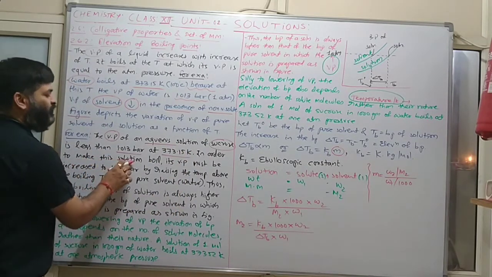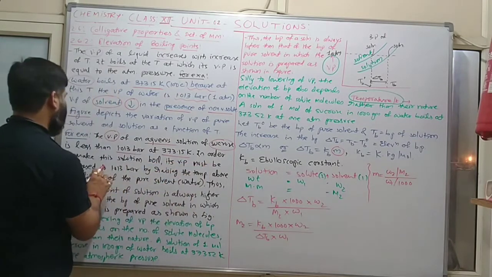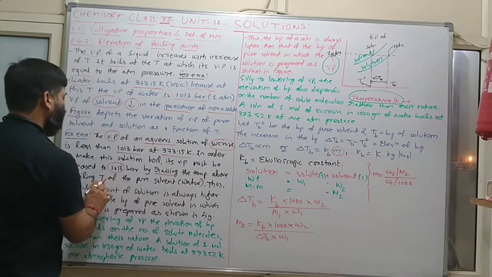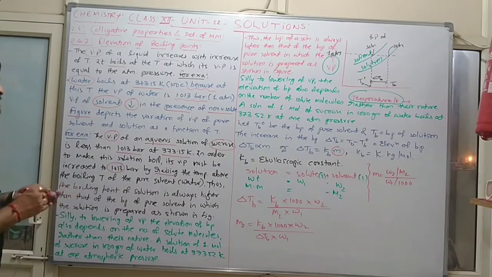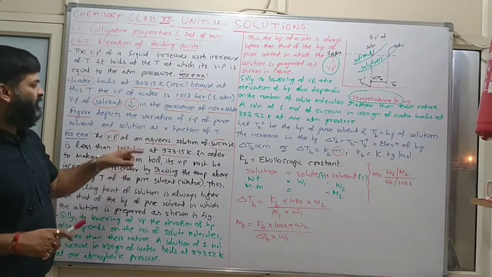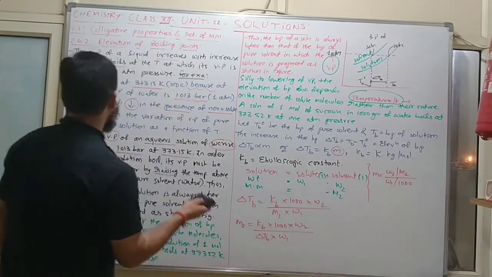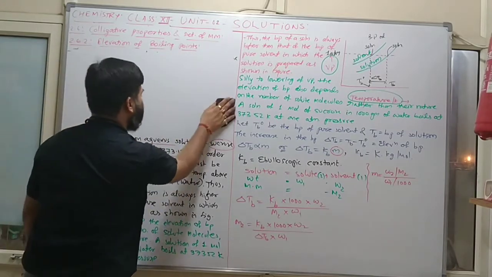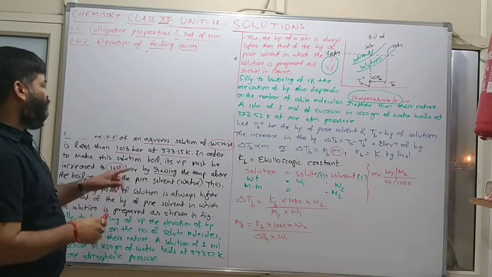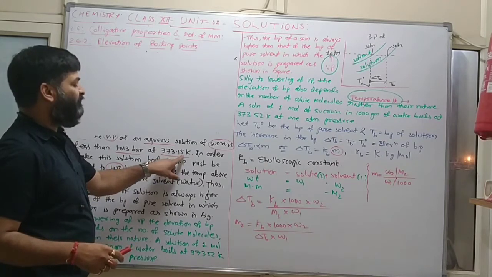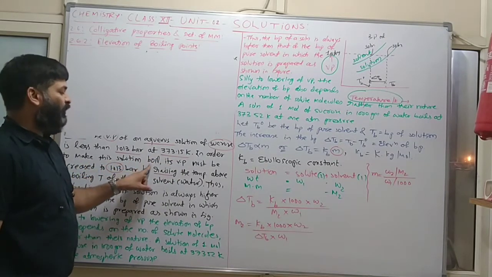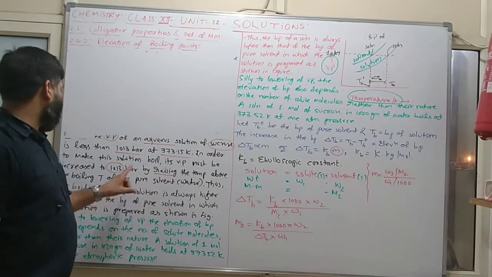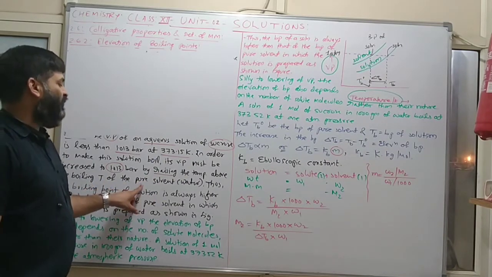In order to make this solution boil, its vapor pressure must be increased to 1.013 bar by raising the temperature above the boiling temperature of pure solvent, that is water.